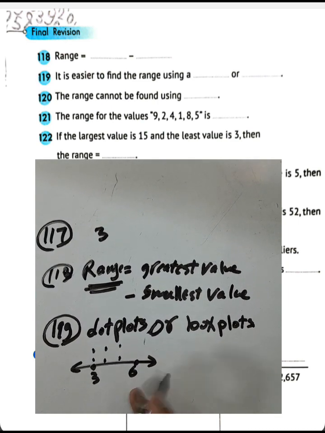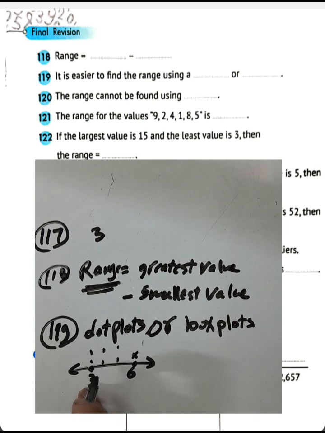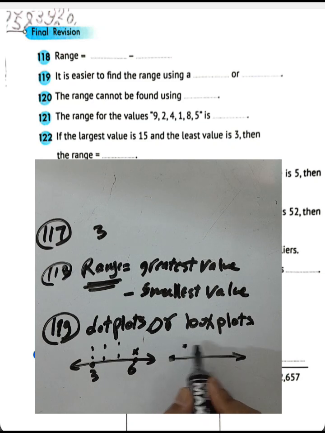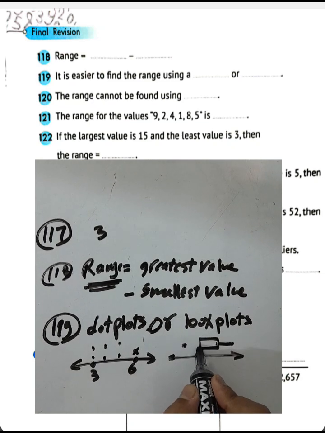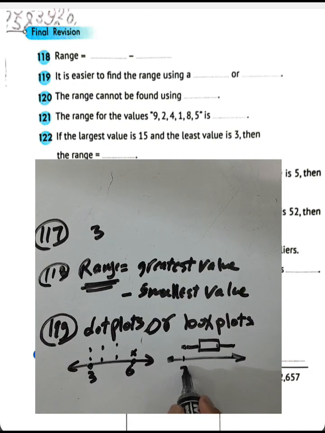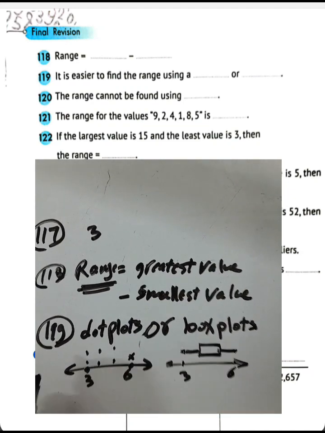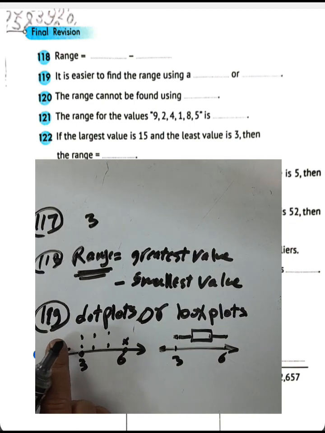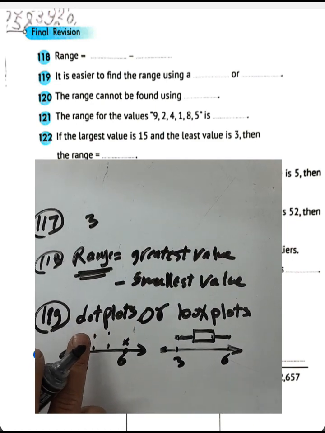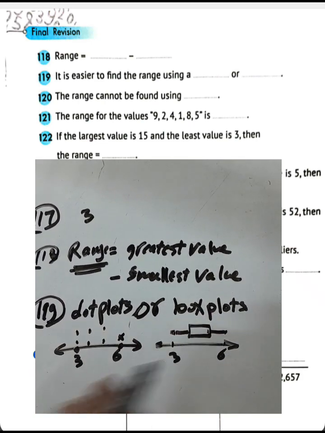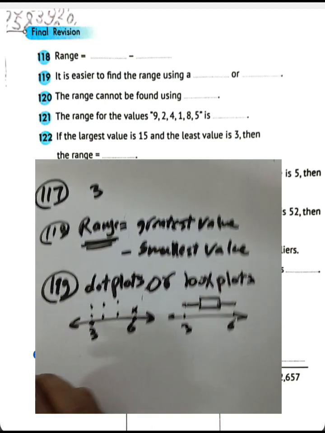We can find the difference between the greatest number and the smallest number. Or with a box plot, we find the range from the minimum and maximum, such as 3 and 6. 6 minus 3 equals the range. It's easier to find the range from dot plots or box plots.